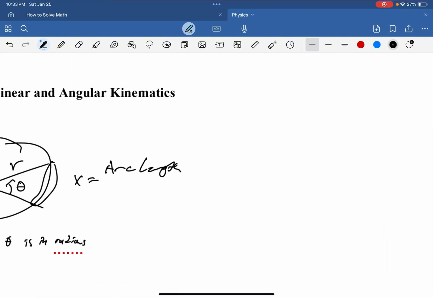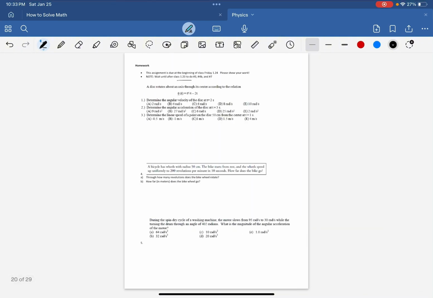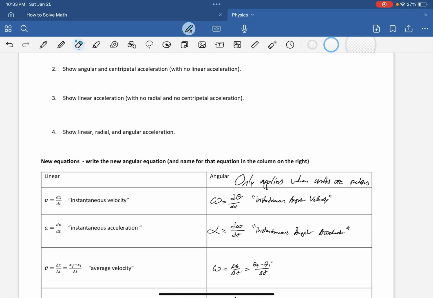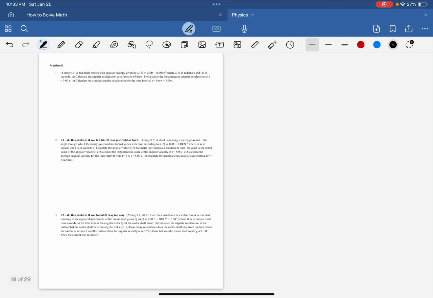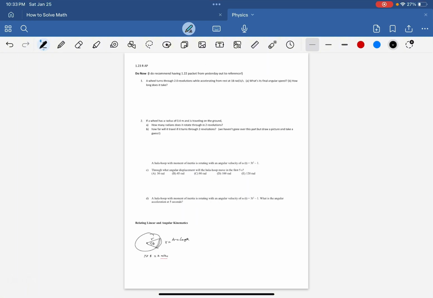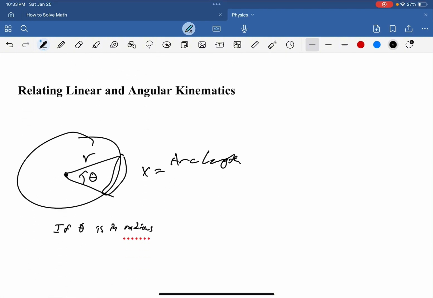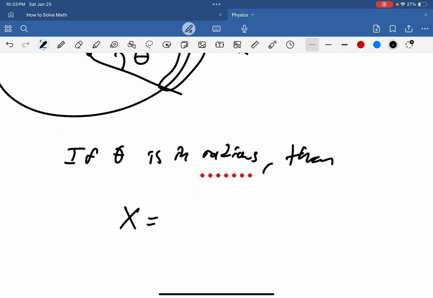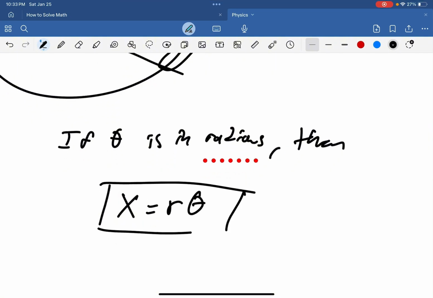This is the one that has to be in radians. The other one doesn't have to be in radians. This one can be whenever. But I'm not going to erase it because I really do recommend you just change it over to radians. Radians is much more used. Anyways, if theta is in radians, then x, our linear position, is equal to radius times theta.